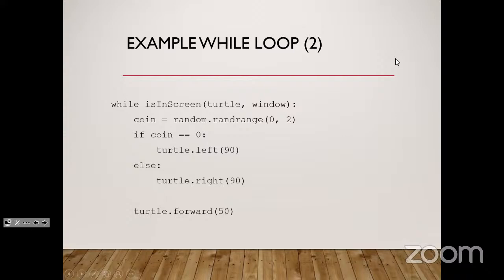So one reason a while loop is used is for validating input. So you would use a while loop around input statements, and you would have that while loop run until they give you the correct input. Like if you had an input statement asking, you probably all have done this on a website, they ask you for your phone number, but sometimes they want it with dashes, sometimes they want it without dashes.